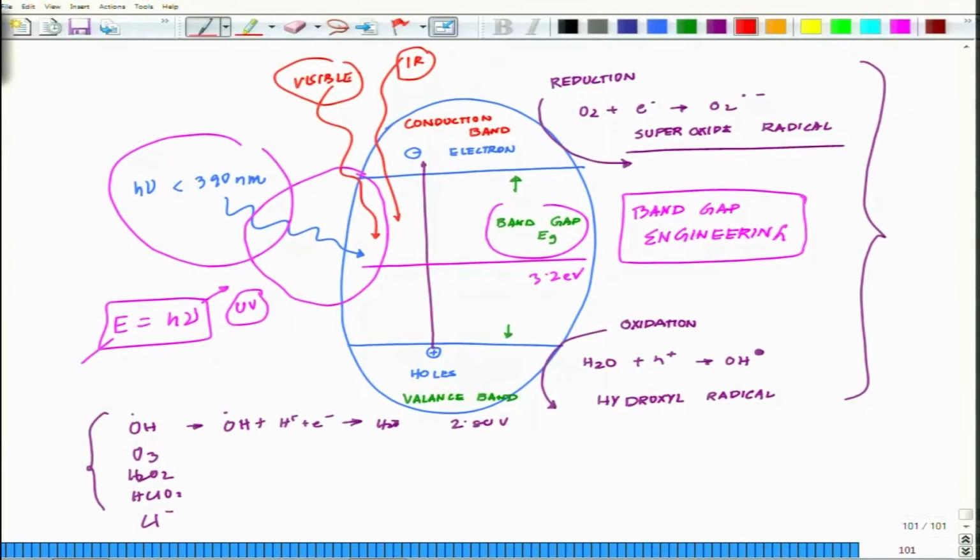Those are some of the engineering aspects of the TiO2 molecule, where people have shown they could use visible light for visible light active titanium dioxide photocatalysis for environmental application, and that needed a lot of modification using different kinds of materials.